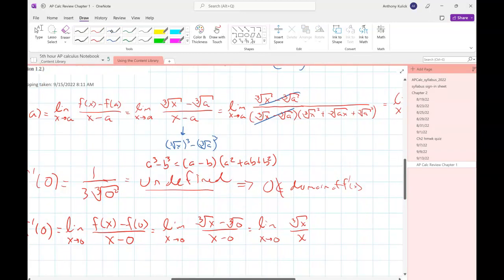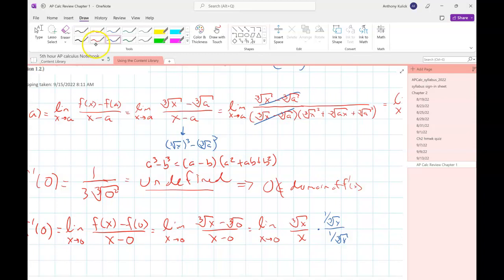Okay, now notice if I try to do direct substitution at this point, it doesn't work, right? So what I'm going to do is multiply the top and bottom by the cube root, or 1 over the cube root. That'll get rid of the 0 in the numerator.